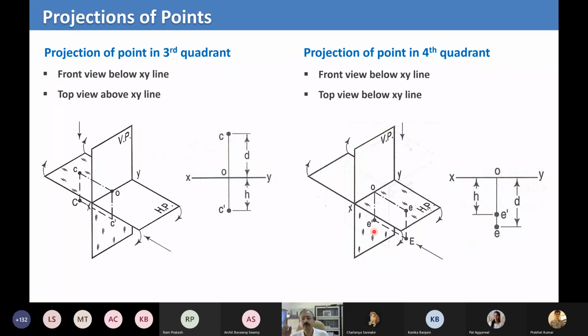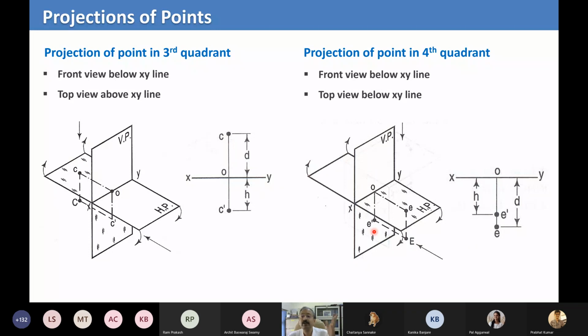Right? And always remember the XY line as an intersection between the vertical plane and the horizontal plane. In other words, the horizontal plane is seen as a line XY in the vertical plane. I'm saying something important. Just listen carefully. It looks very banal, something no big deal, but in the top view, the vertical plane looks like a line.